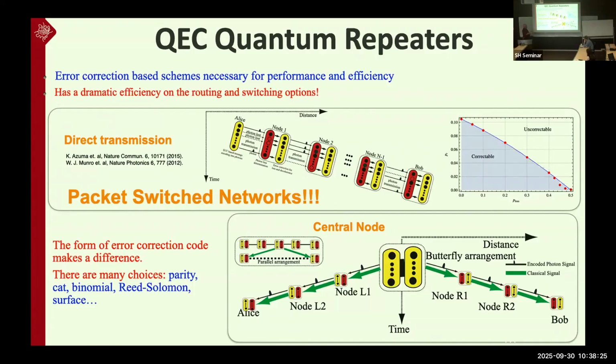If you wanted to do it flat, which is the typical way that we think about it, the classical information I've still got to ship, and that's the green line, so these end two memories have to wait until the signals arrive. If this is over 1000 km, they're now waiting microseconds, so therefore Alice and Bob have to have quantum memories. In this particular scheme here, the classical information flows exactly at the same time the quantum signals are coming down. No memories are required.